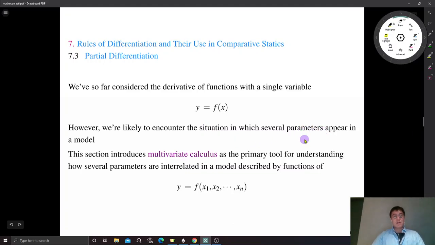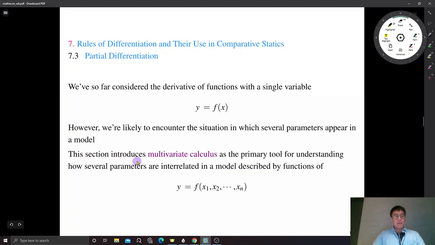So in most economic models, many variables, many parameters are entangled with each other. Now in this section we are going to study how to disentangle such many parameters in economic models. It is most likely that we encounter situations in which several parameters appear in the model.